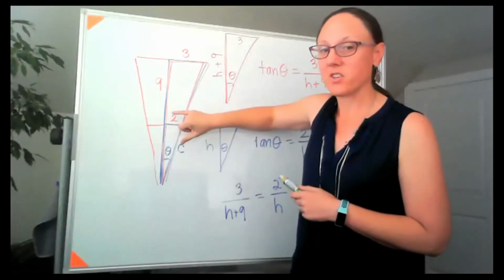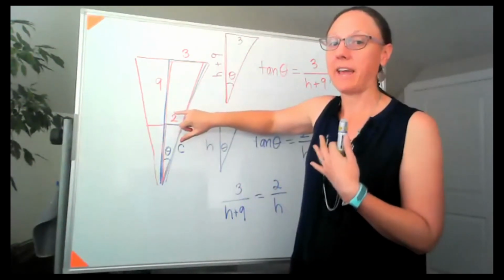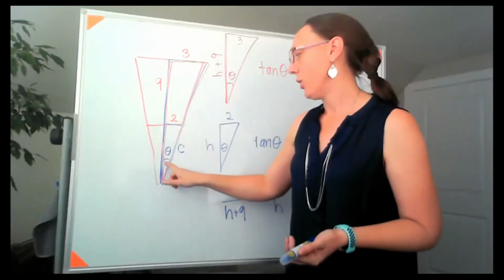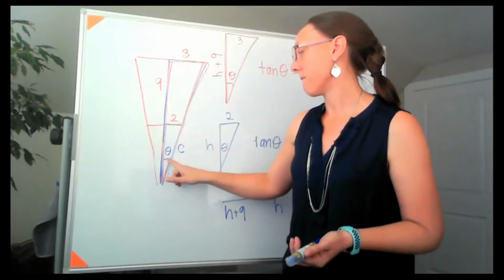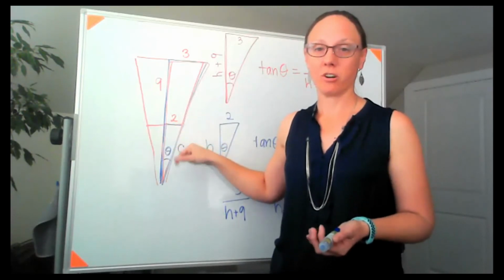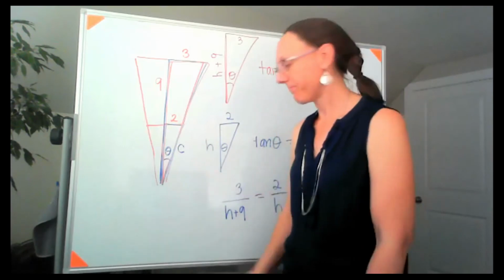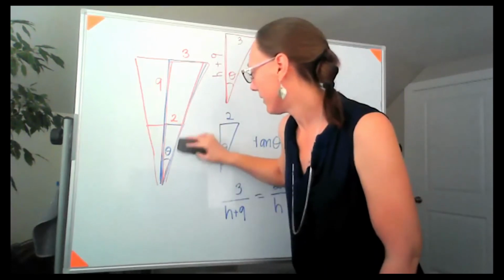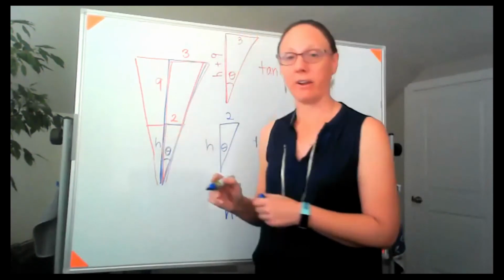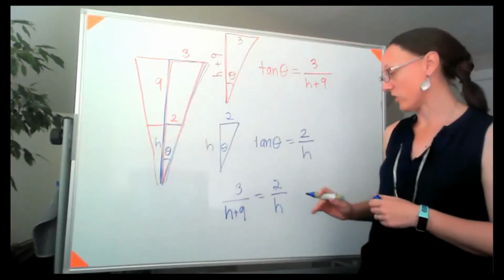Then if I had these two sides, I would say, oh, there I've got my hypotenuse and the opposite side. So I would set this up in terms of sine theta. But to loop back around to answer that original question.